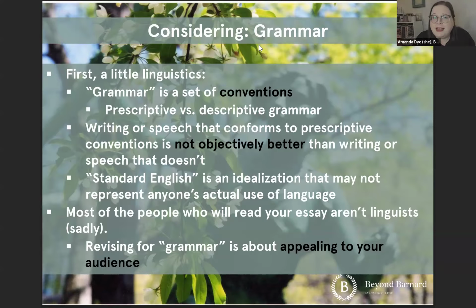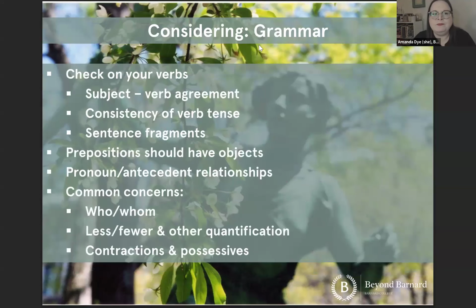Some people who read your essay are going to be picky, and most people who read your essay, unfortunately, are not going to be linguists. So when I talk about revising for grammar, what I mean is adhering to conventions in order to appeal to your audience, in order to give your audience the least room to question your writing.